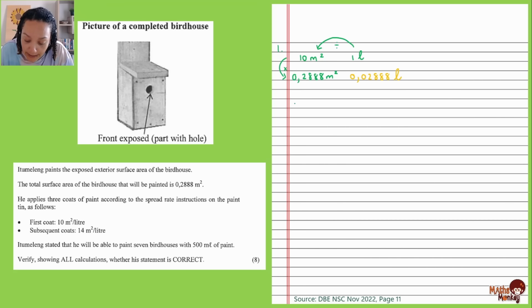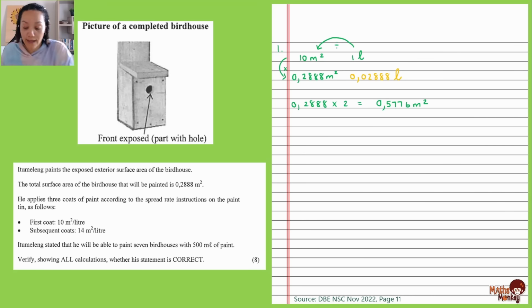So first, the 0.2888 multiplied by 2, because this is the surface area that we are using, but we are doing it twice. So I take this and multiply it by 2. This will give me a total surface area of 0.5776 meters squared.